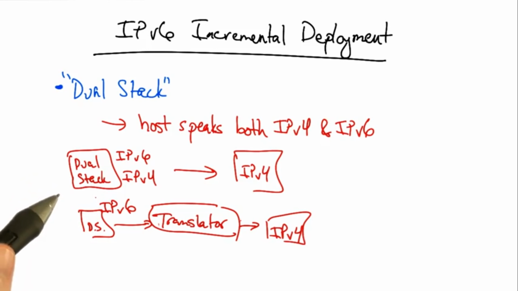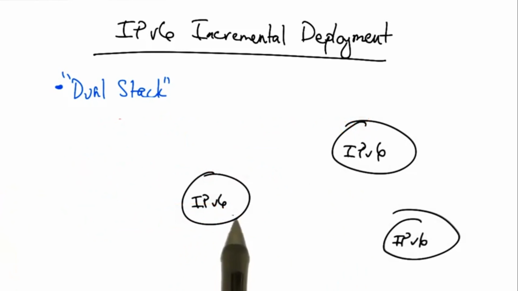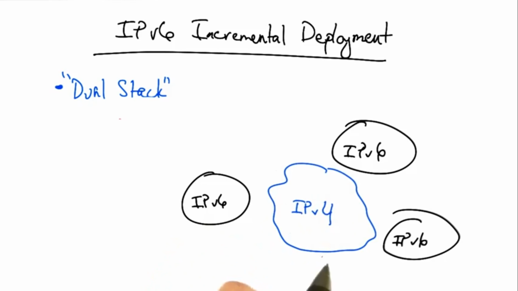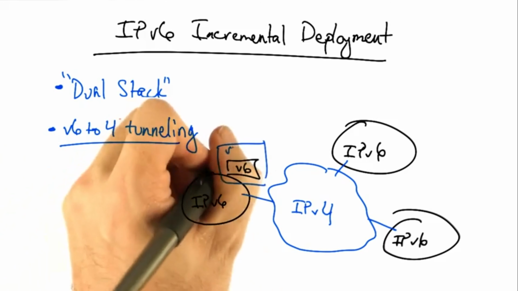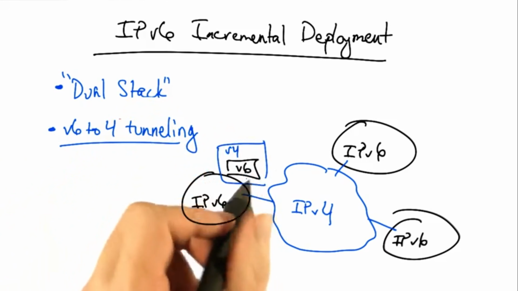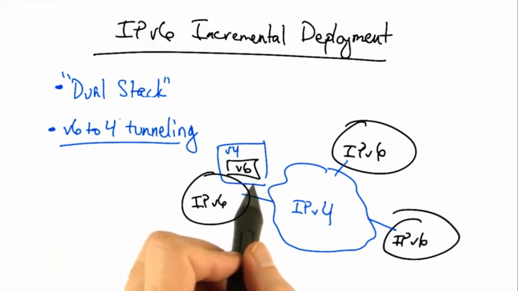Now, a dual stack host configuration or a v4 compatible IPv6 address solves the problem of host IP address assignment, but it doesn't solve the problem that IPv6 deployments might exist as islands. For example, multiple independent portions of the Internet might deploy IPv6, but what if the middle of the network only speaks and routes IPv4? Well, the solution here is to use what's called 6-to-4 tunneling. In 6-to-4 tunneling, a v6 packet is encapsulated in a v4 packet.